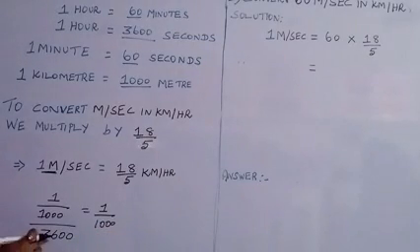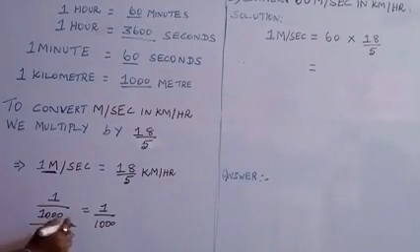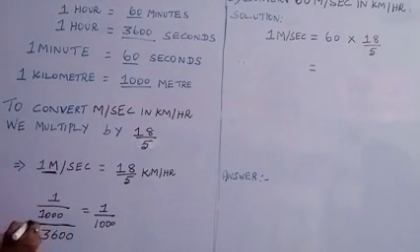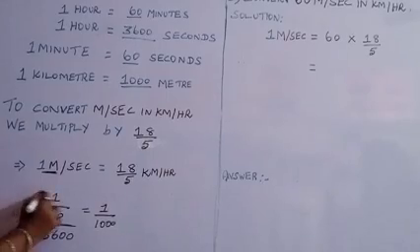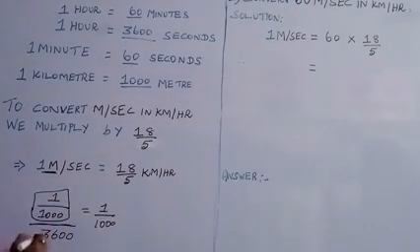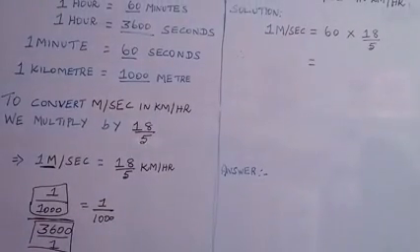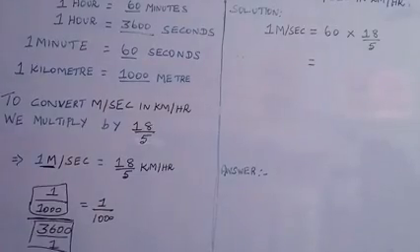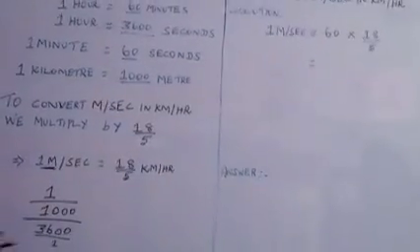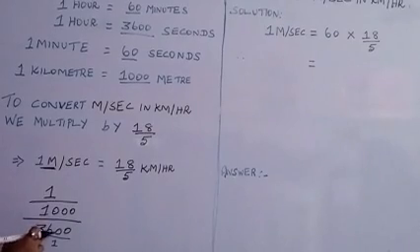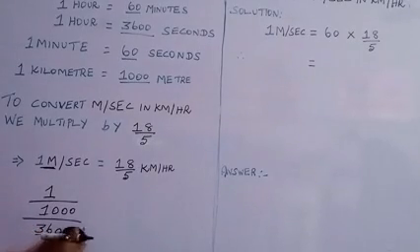and we have 3,600. This one is in division form. So now this one is our numerator and this is our denominator. We have 1. Children, here I write 3,600 divided by 1.